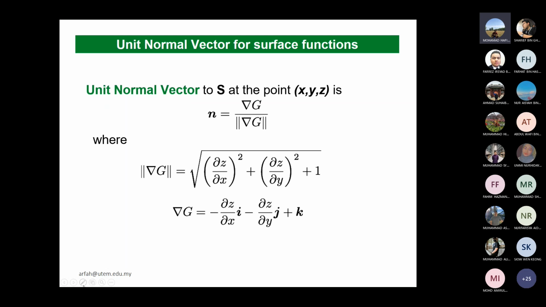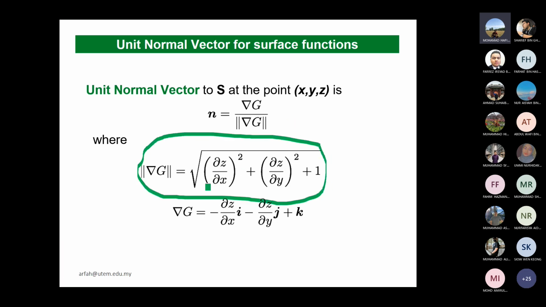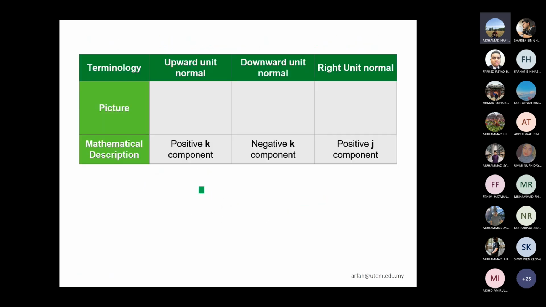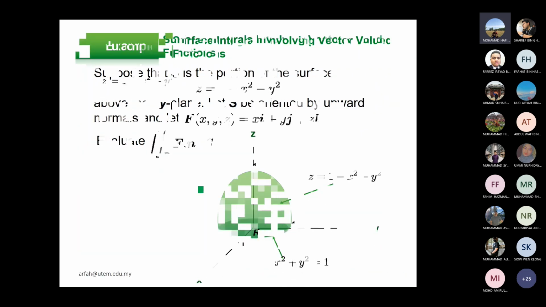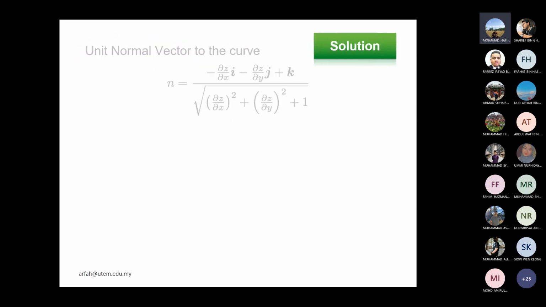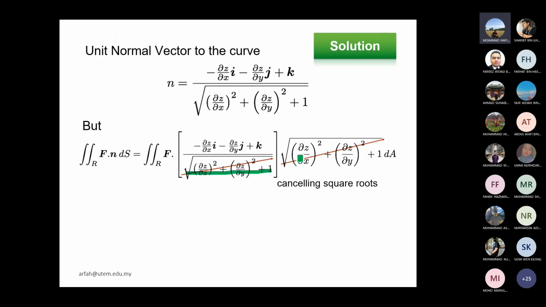Yang bawah ni adalah macam mana kita dapatkan dia punya Euclidean length, daripada partial derivative tu. Tapi memandangkan nanti kita akan buat dia punya integration, didarabkan, so dia akan terhapus. That is why kita just cari dia punya delta G only. So you don't have to find the Euclidean length of the vector function.